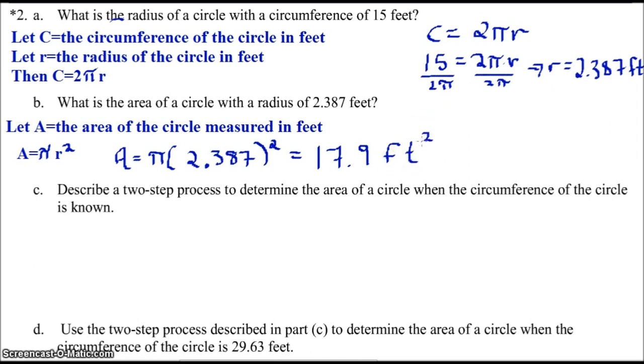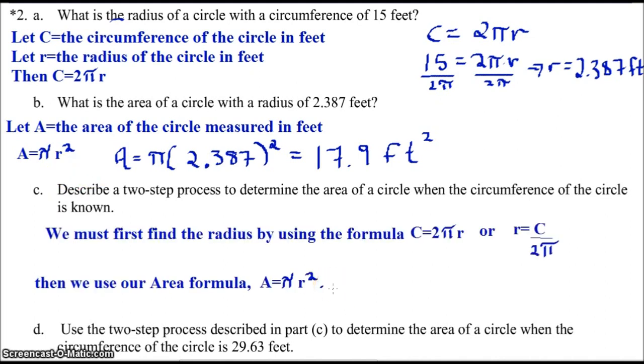Part C says, describe a two-step process to determine the area of the circle when the circumference of the circle is known. So note that that's pretty much what we just did here. When the circumference was 15 feet, we just divided 15 by 2 pi to find the radius. And then we take that value and use A equals pi r squared to find the area.